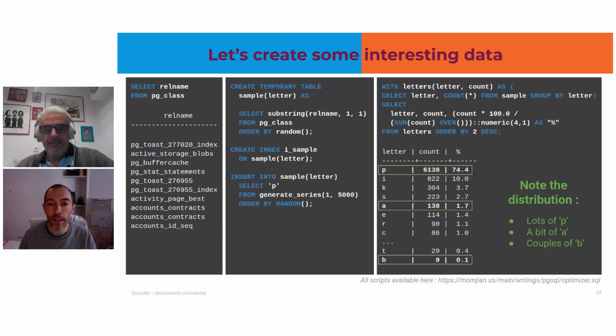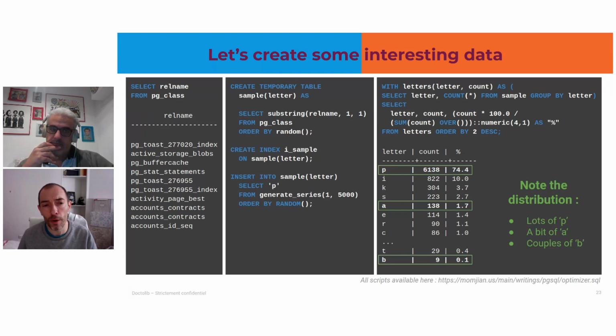Now let's take an example of how the optimizer works in real life with the choice of access methods. We'll take again this pg_class table and do just a select on it. As you can see, most of the rows being returned start with P, which is kind of normal considering we're talking about Postgres.